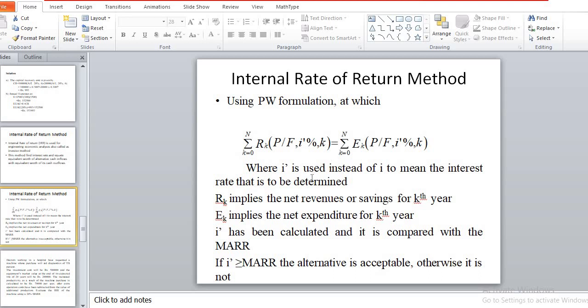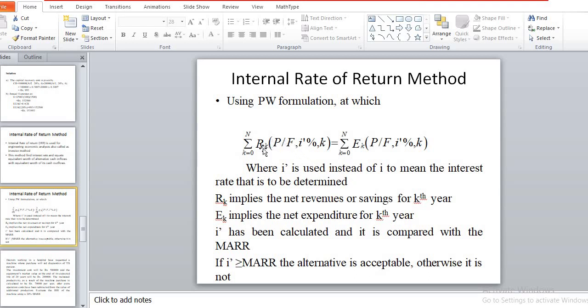Here RK implies the net revenue, and EK represents the net expenditure for the kth year.